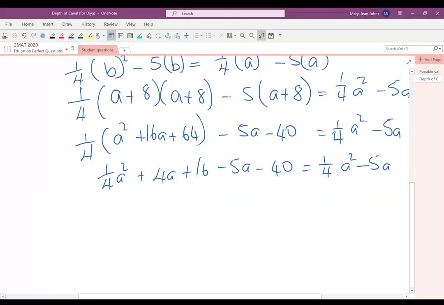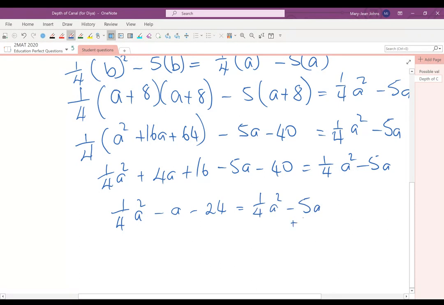Start collecting these like terms. So we've got 1 quarter A squared. We've got 4A minus 5A, which is minus A. 16 positive minus 40 gives me minus 24, equals 1 quarter A squared minus 5A.